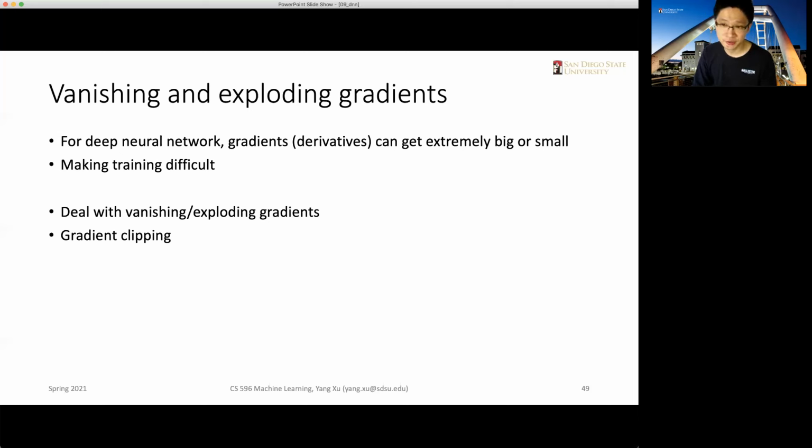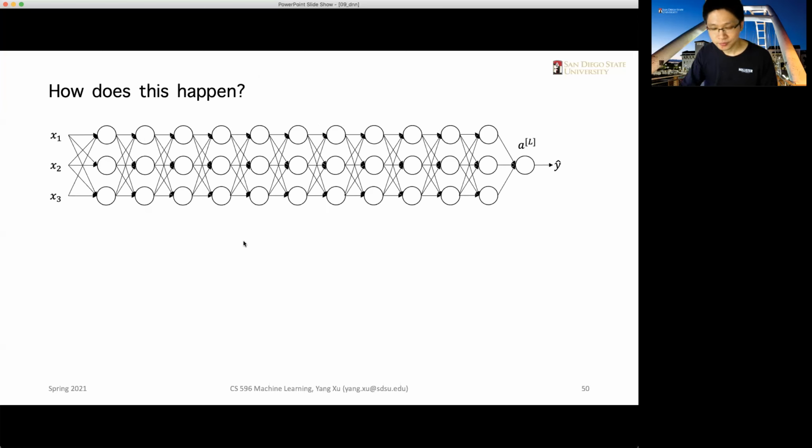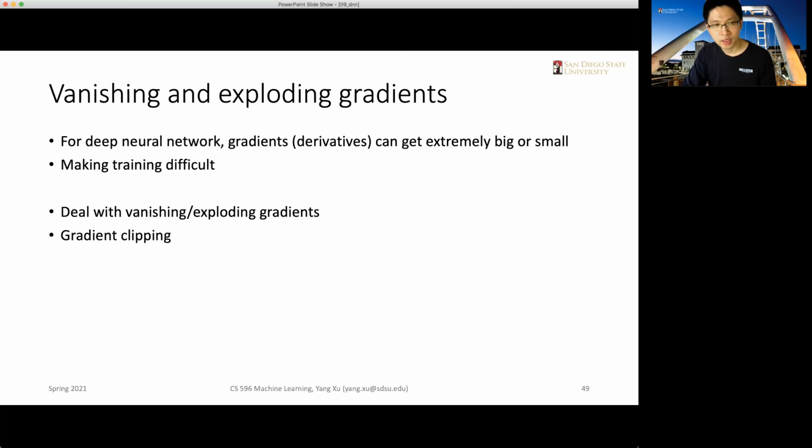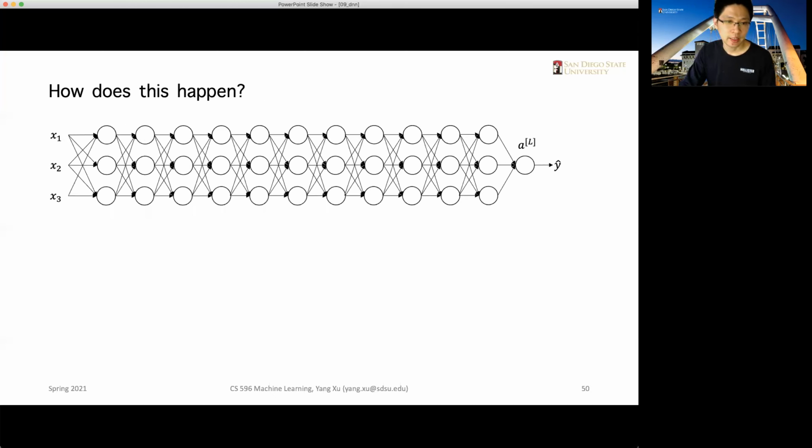If the gradients are zeros, then we're basically learning nothing. No parameters will be updated with 0 as gradients. So we can deal with vanishing or exploding gradients in several ways. First, we can initialize all the weight matrices to proper values. We'll look at this issue more closely.